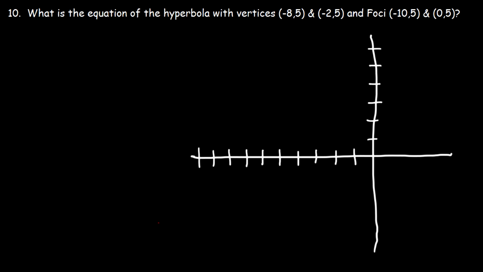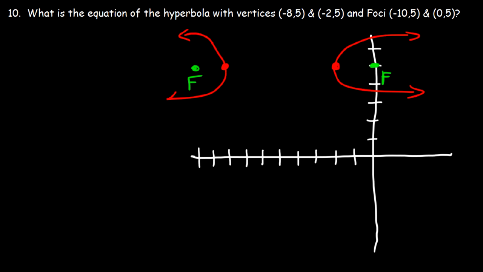So the first vertex is at negative 8, 5, which is about here. And we have another one at negative 2, 5. The foci, one of them is at negative 10, 5, and the other one is at 0, 5. So the hyperbola is always going to open towards the focus. So it opens left and right.